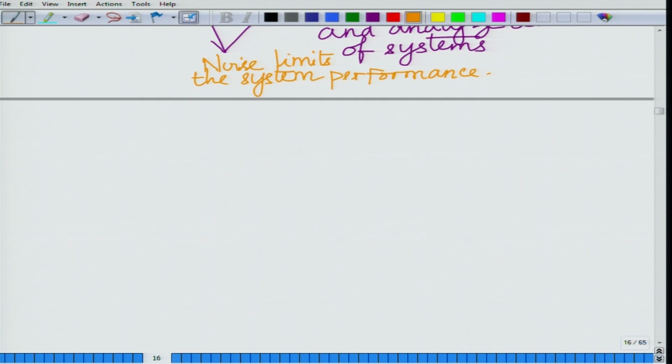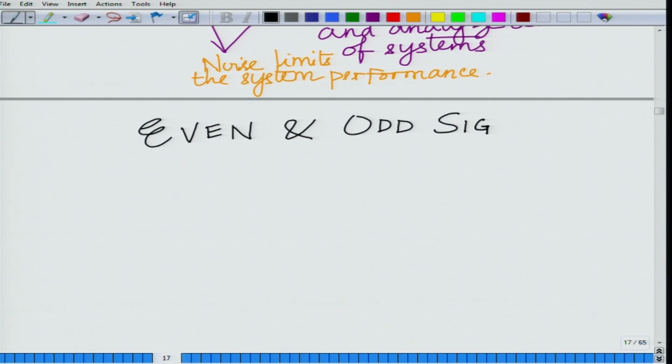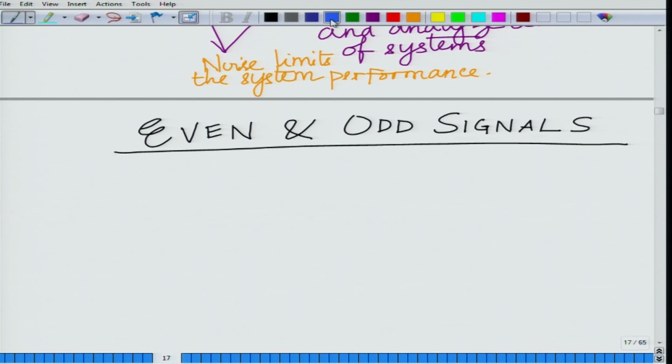Again, another characterization which comes in handy in several analyses is even and odd signals.